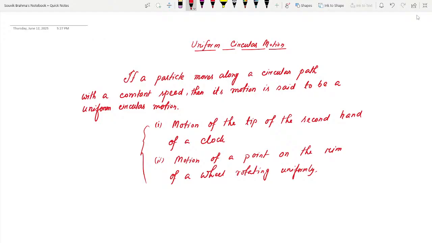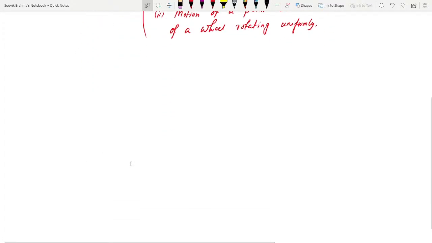Now a frequently asked question is there. Justify that a uniform circular motion is an accelerated motion. So to answer the question, first you draw the diagram.